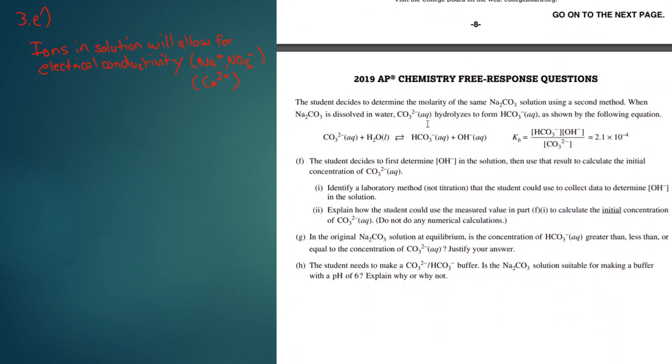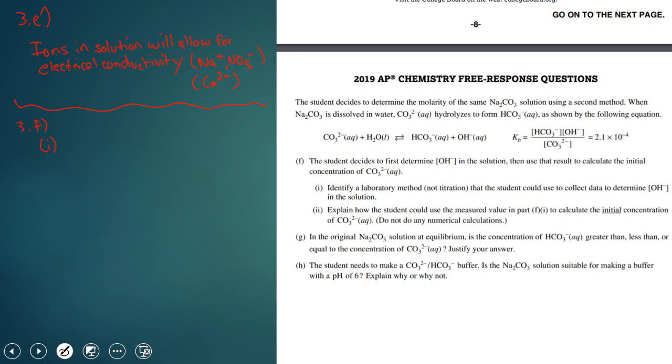Sorry, let me see how big this question is. Alright, I think we can do 3F over here as well. So number I. Now we're moving into the equilibrium part.